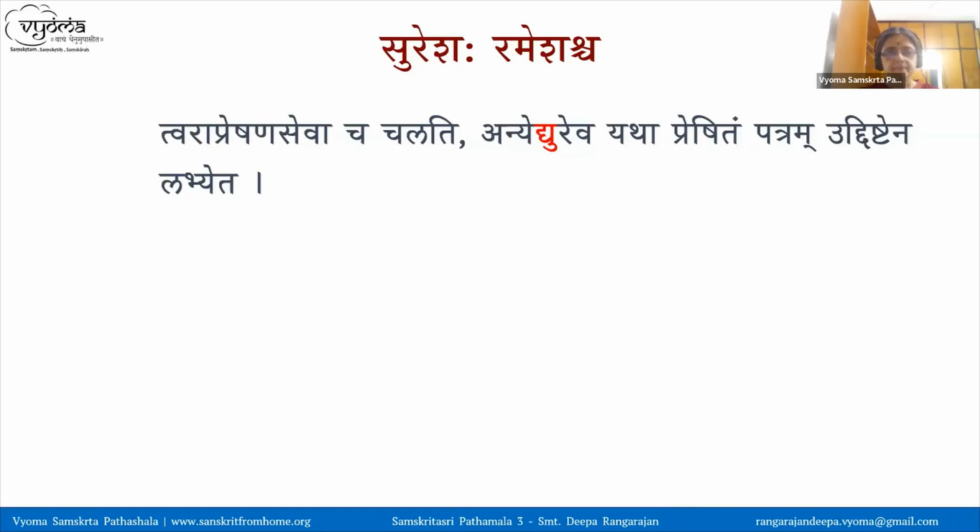If your speed post service goes well, then the next day I think I will get the letter. Who will get the patra? Uddishtena labhyeta. The addressee will get the letter.